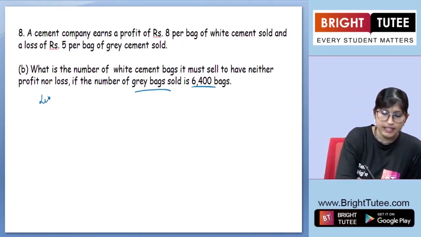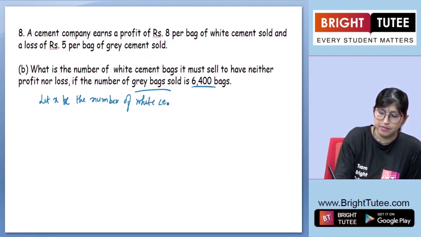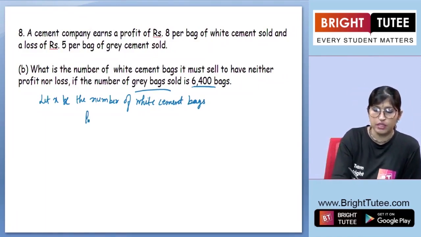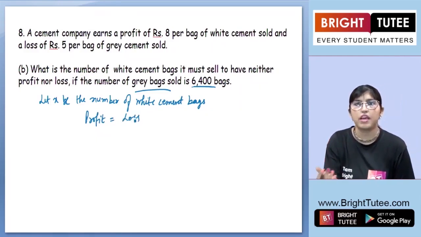Let X be the number of white cement bags. If we want neither profit nor loss, then profit is equal to loss. Only if both are equal can we say we have no profit and no loss.